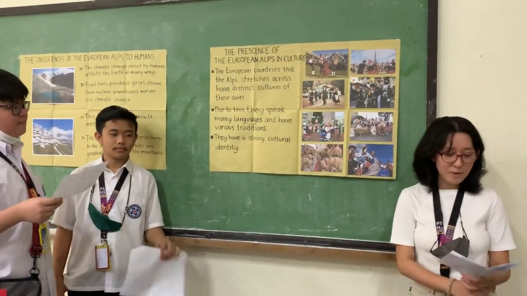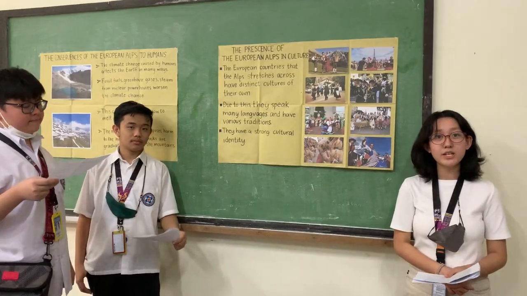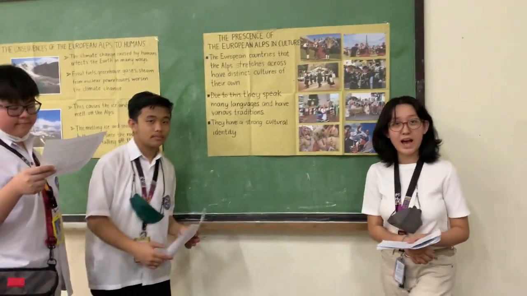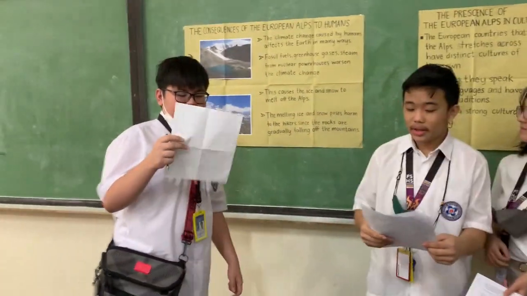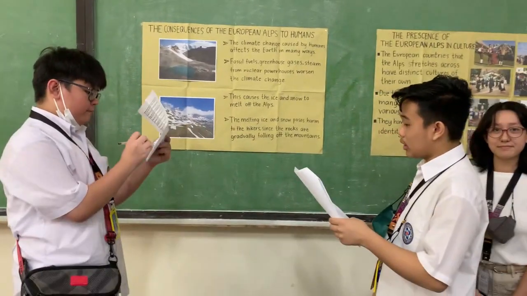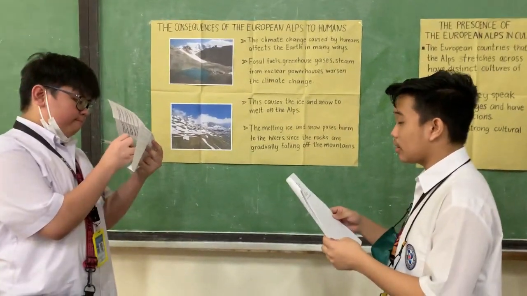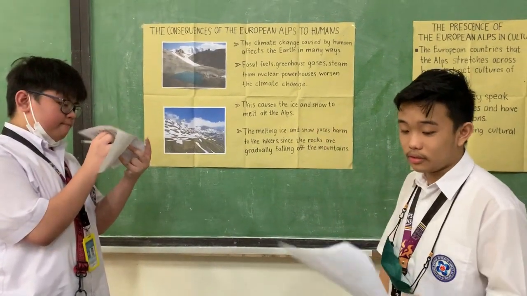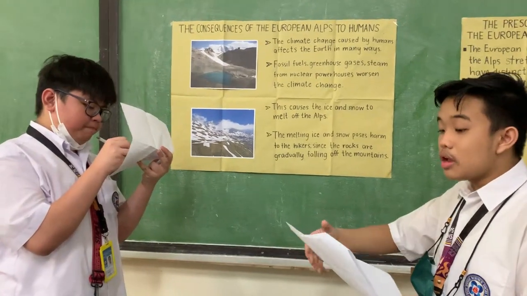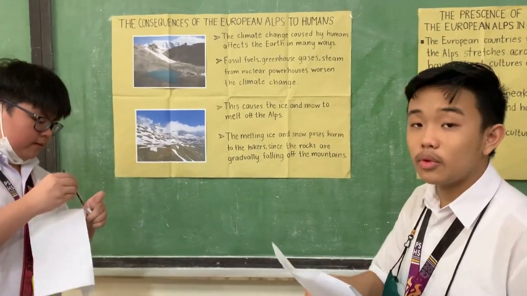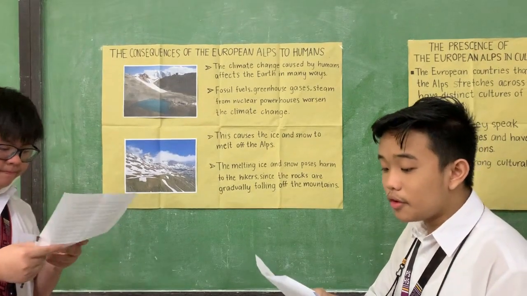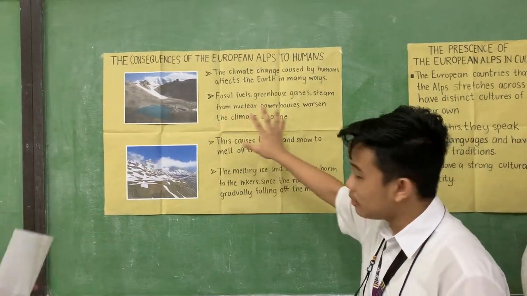Alright, since we know about their culture already, can you tell me about the consequences the European Alps had on humanity? Oh, I know. As we all know, climate change has a drastic effect on Mother Earth nowadays. Fossil fuels, greenhouse gases, steam from nuclear powerhouses, and other factors contribute to climate change.